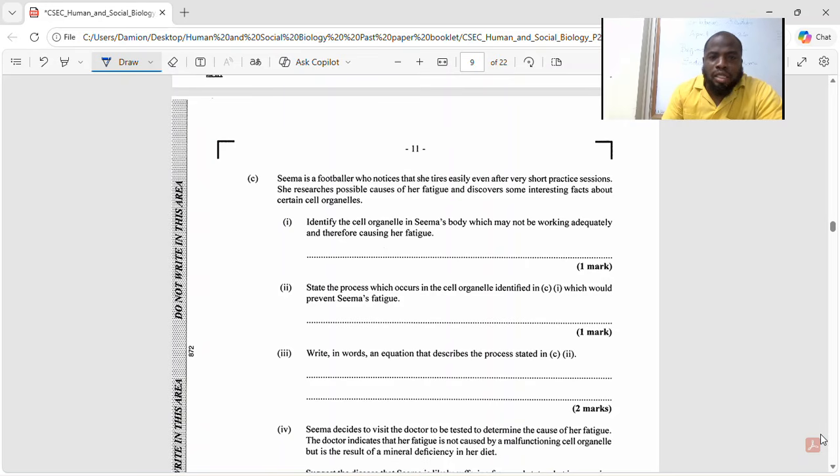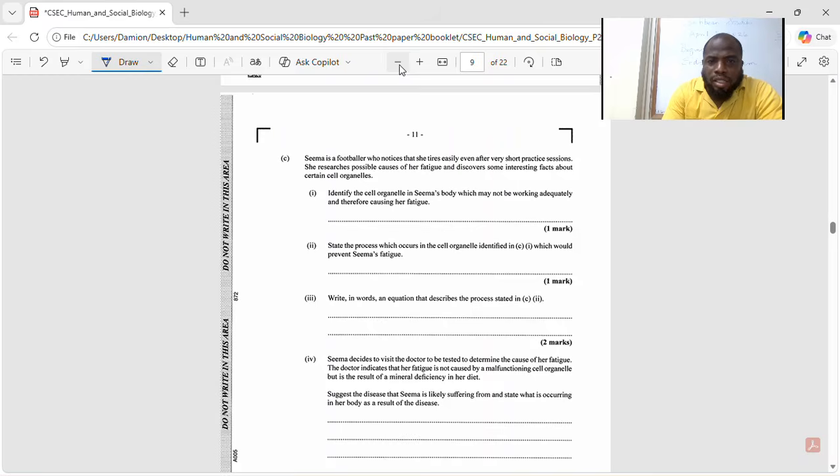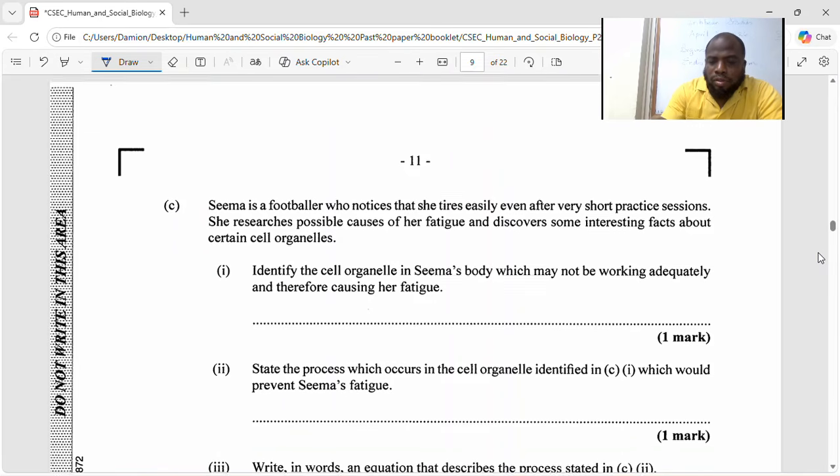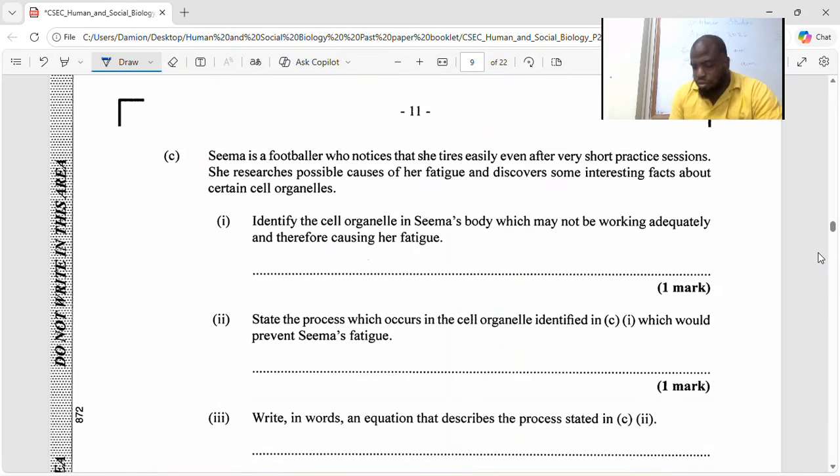Let me bring back up the size. Seema is a footballer. She's a footballer who notices that she tires easily even after very short practice sessions.